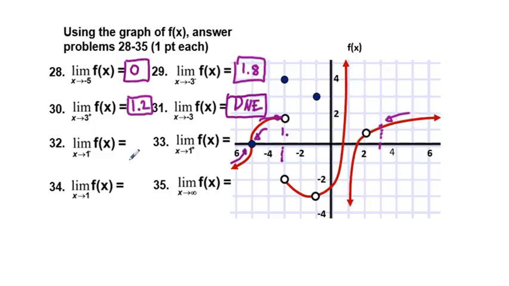And then 32, the limit as x approaches 1 from the left side of f of x. So we go to 1 from the left side, and here at 1 we have what appears to be a vertical asymptote. It looks like we're going towards positive infinity, and the limit therefore does not exist.